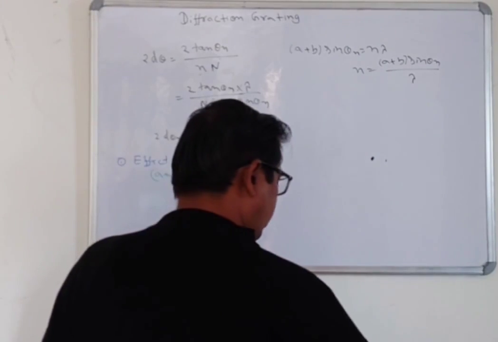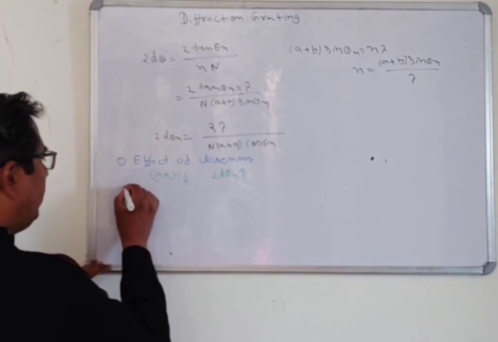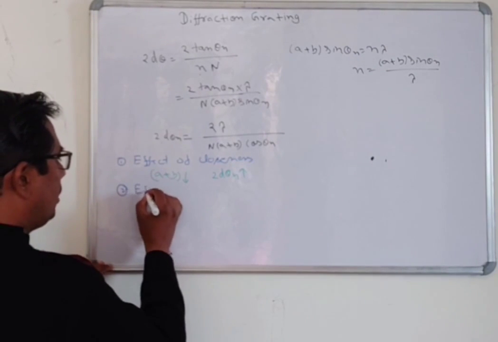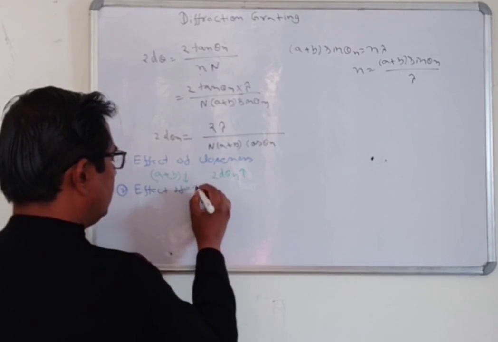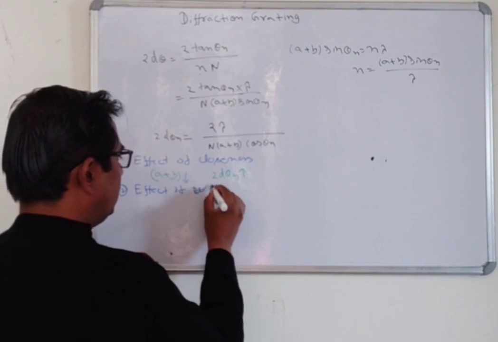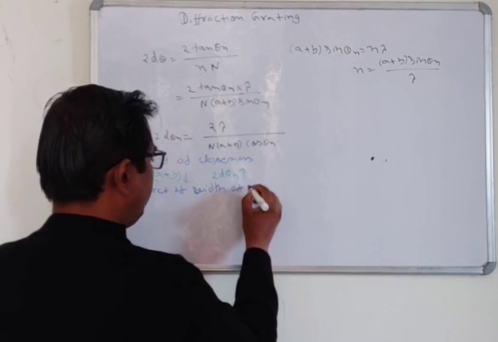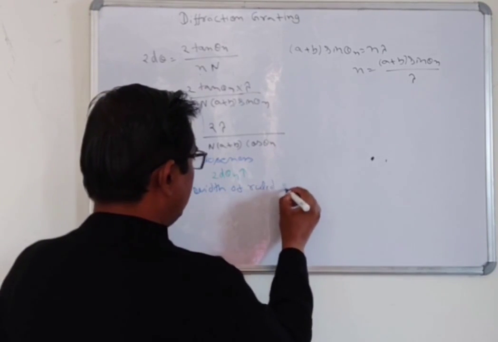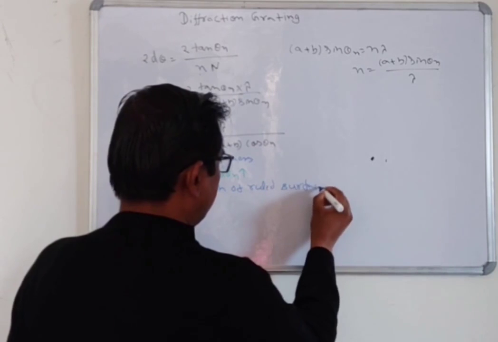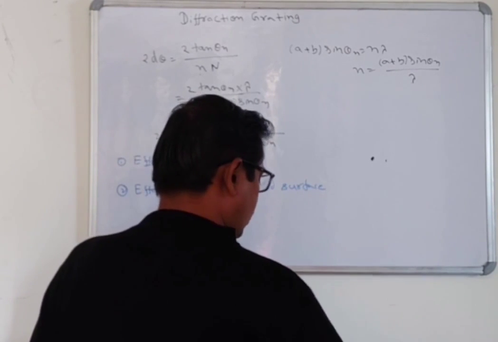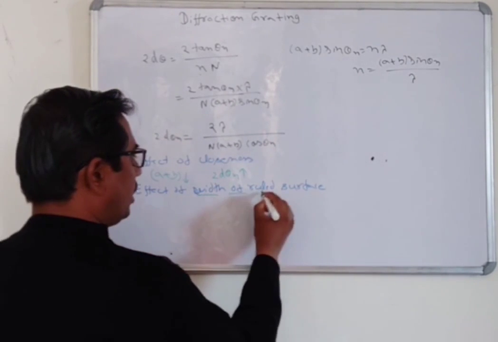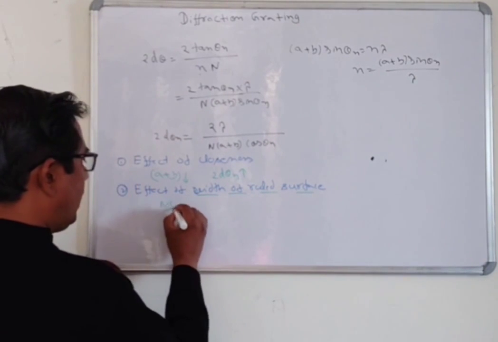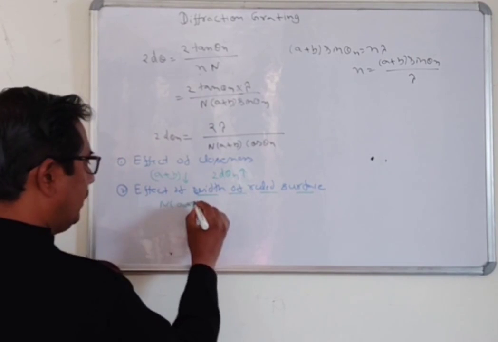And the second observed point is the effect of width of ruled surface. What is the width of the ruled surface? The width of the ruled surface is N(a + b).